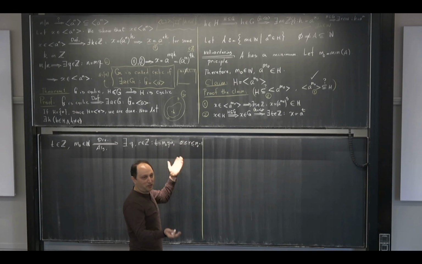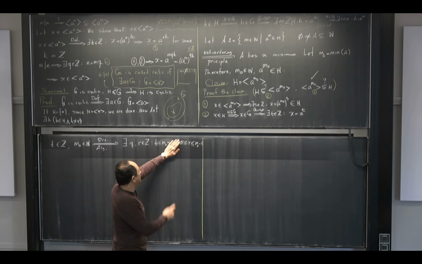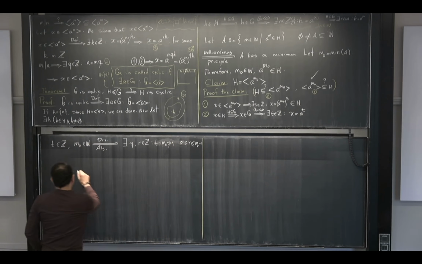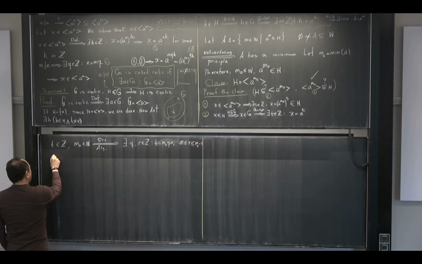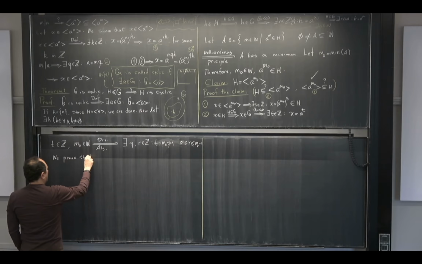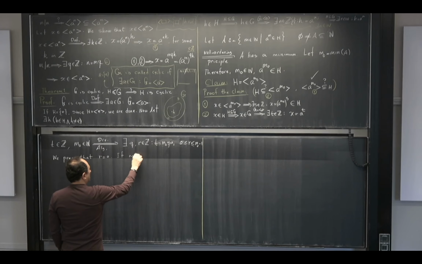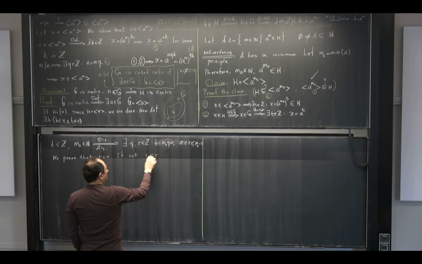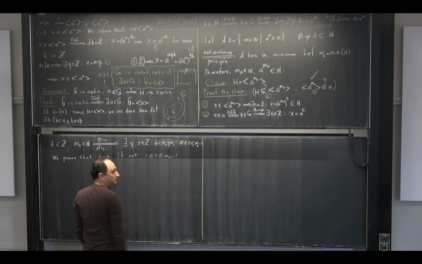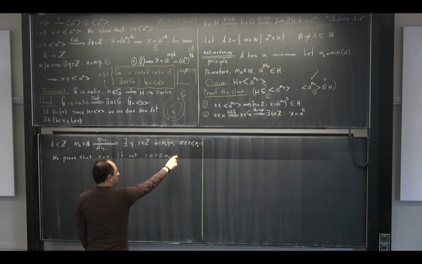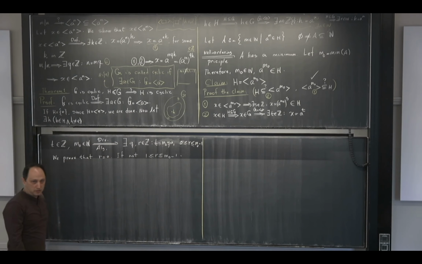If r is 0, I am done, because then t becomes m naught q, and I reach the goal. If not, r is between 1 and m naught minus 1.